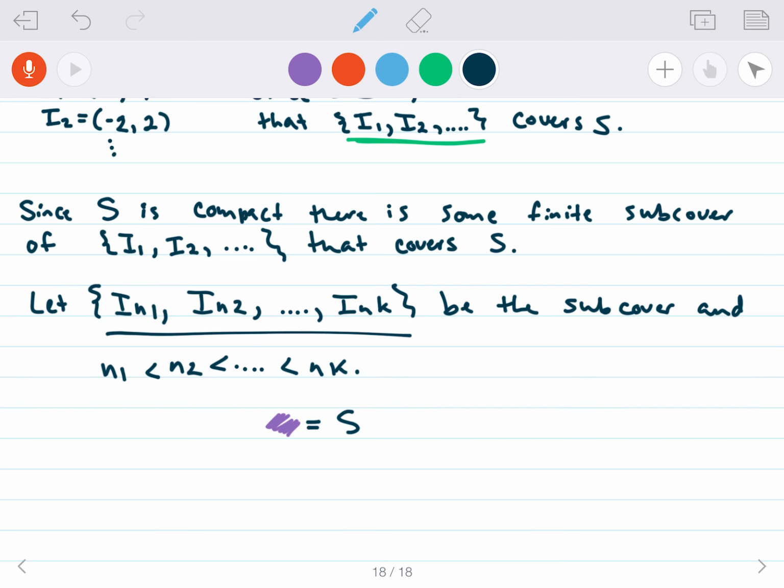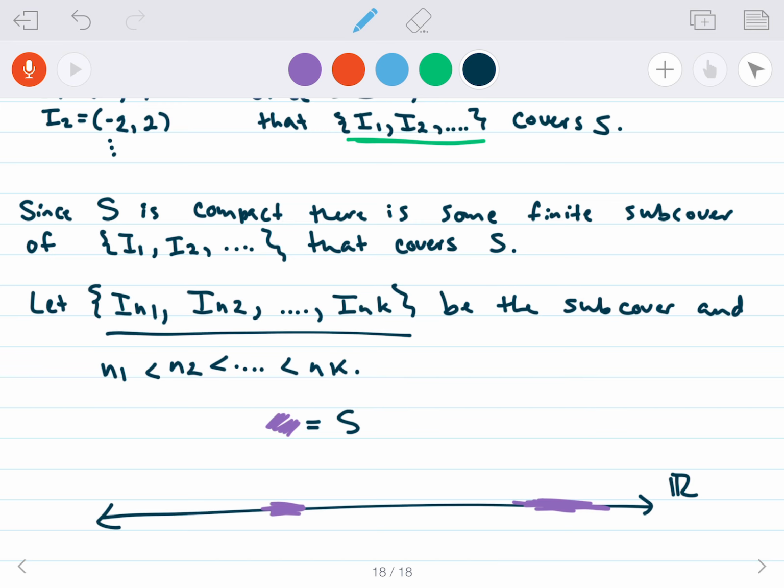Okay, so let's go ahead and draw our picture here. So here's my reals. Let's say that S is maybe like a piece of this union with this, maybe. I don't know. So that's S. Maybe it's in two different areas. It doesn't all have to be in the same area of the reals.